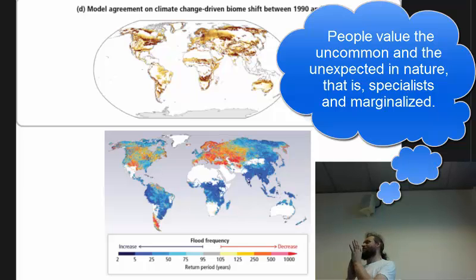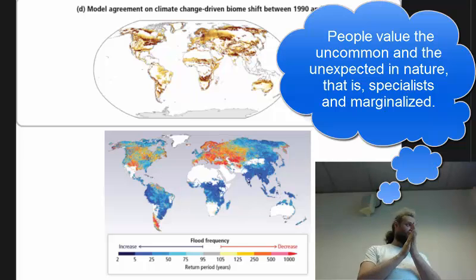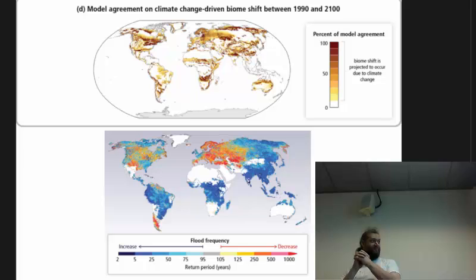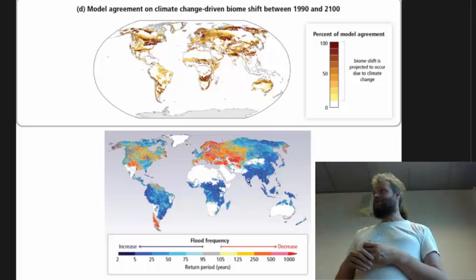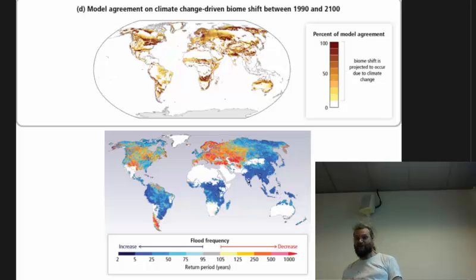Because it's everywhere, or seeing, definitely if you're from Europe, like Douglas firs or things like that. Those are very common species. People get excited when they meet uncommon things. And it's the uncommon things that will be most in trouble because of climate change.